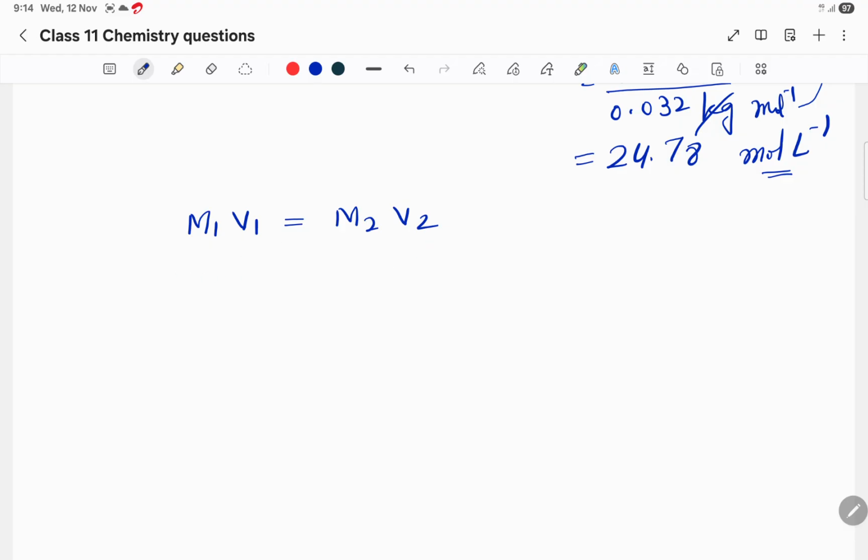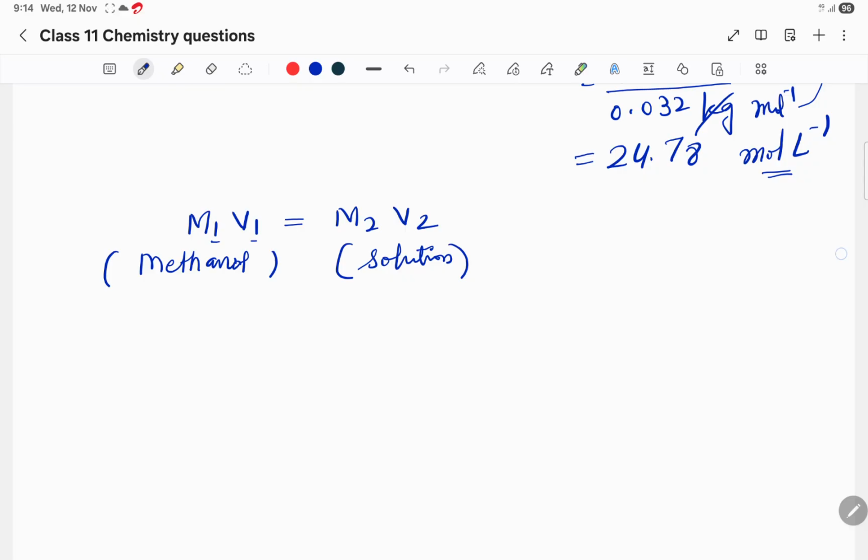Among these four values, if one value is unknown, and other three values are known, then you can use this molarity equation. So M1V1, we are taking for pure methanol, and M2V2 for its solution.